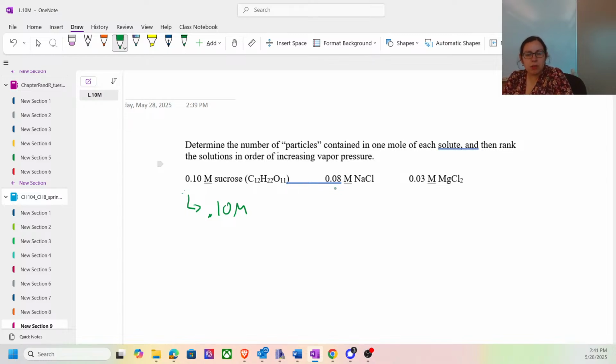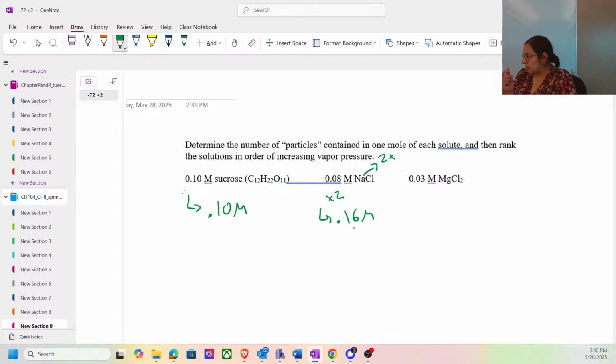So did you do this times 2 already? So, yeah, so what we're trying to say is, right, it would dissociate into 2 particles. And so then you want to multiply, which I think some people were doing, right, multiply the 0.08 then times 2 to give you your effective molarity of 0.16.